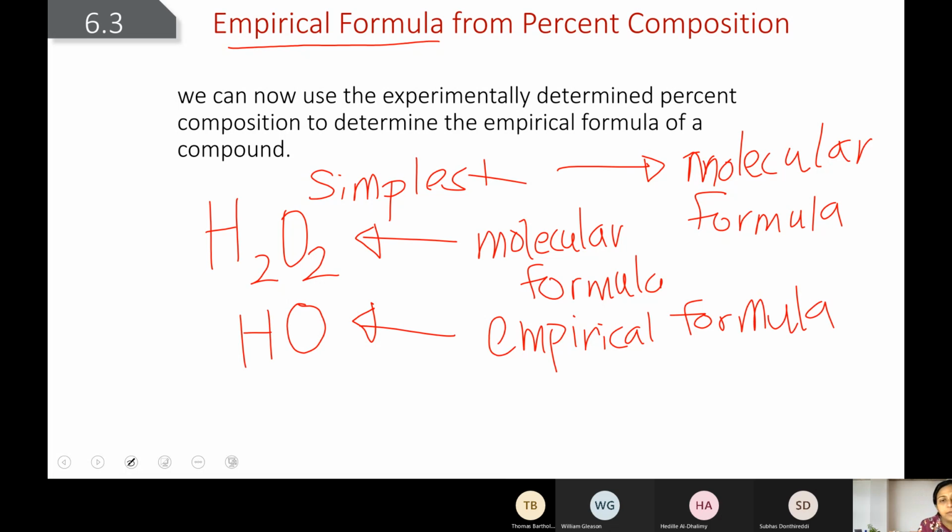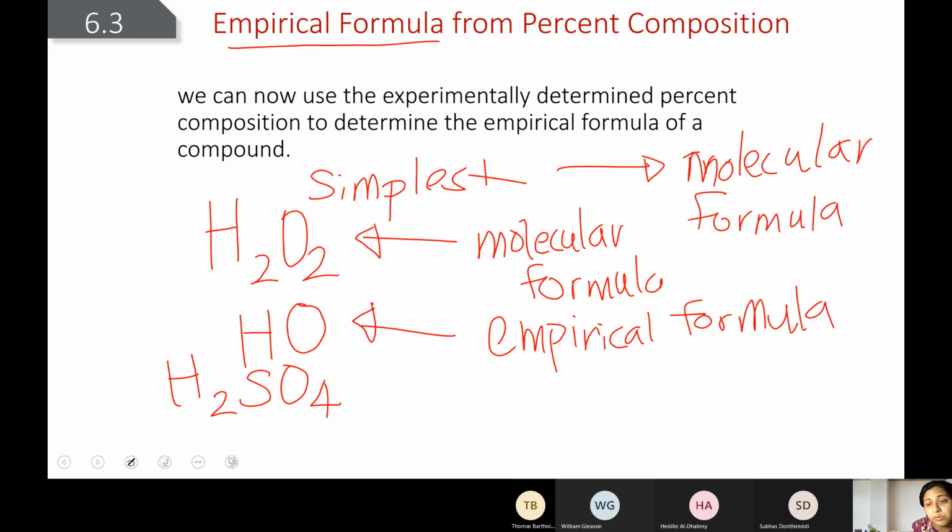Okay. You want to do another example? Let's look at the sulfuric acid, H2SO4. So what is the empirical formula for this H2SO4? Yes, that is the simplest ratio, right? So that is the smallest ratio we can give.